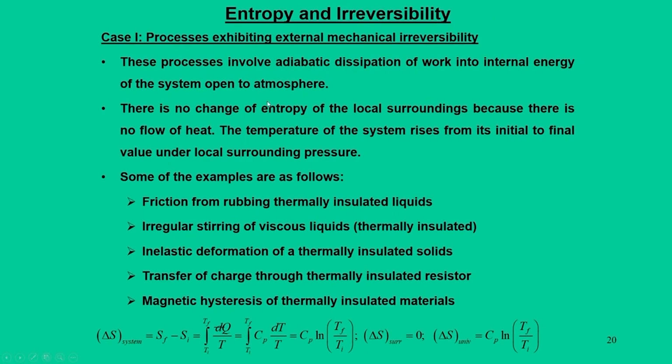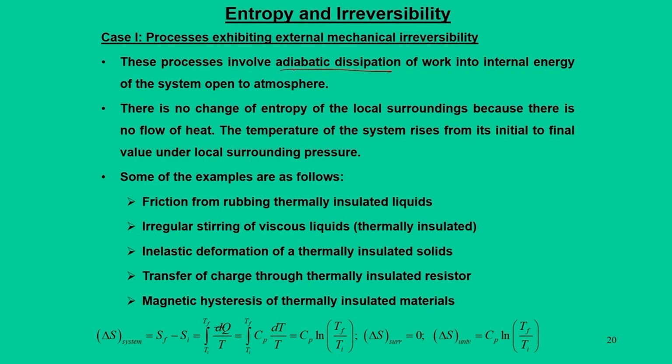In another case, the same change of state happens, but the process, which we call external mechanical irreversibility, involves adiabatic dissipation of work. The same equation can be used, but with the viewpoint that we can calculate delta S of the system because the system undergoes an adiabatic change from initial state to final state.